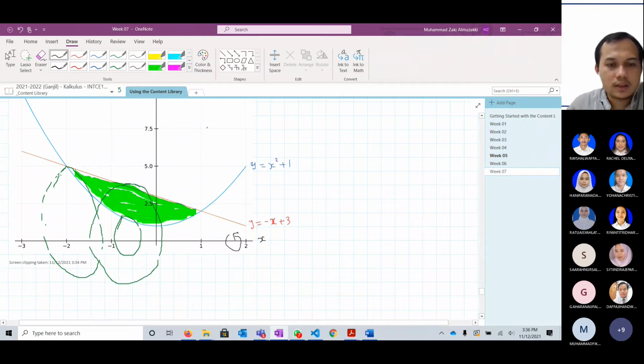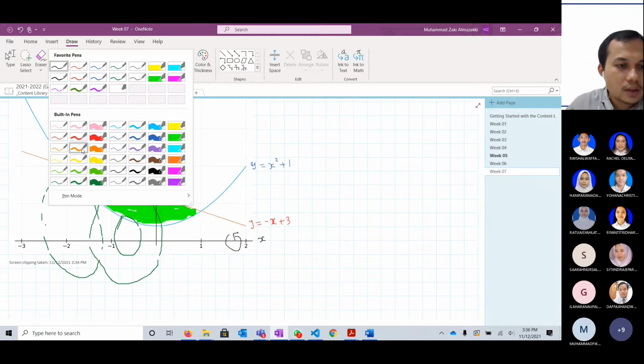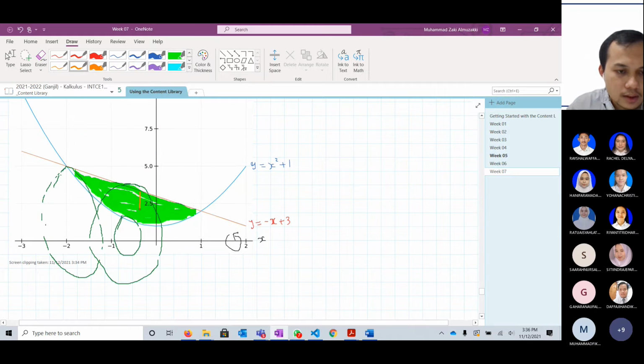So in this case, what we need to do is find the radius of the area. Let me use a different color. The radius is basically this guy, so this is the yellow line.